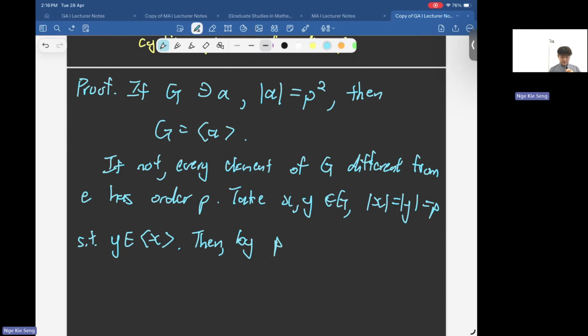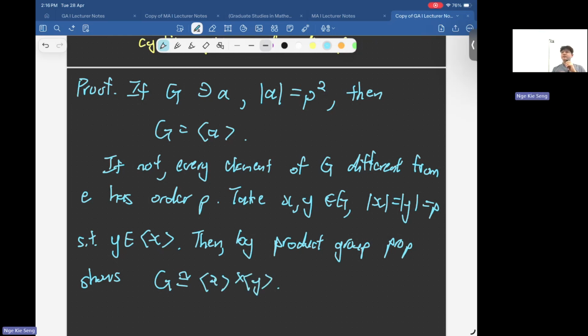by a proposition, there's a proposition on product groups, which is very important. I think none of you mentioned it last time. Did anyone mention the universal property of product groups? So the product group property here is, as long as you find two subgroups which are normal, and their intersection is identity, then you can find this isomorphism.